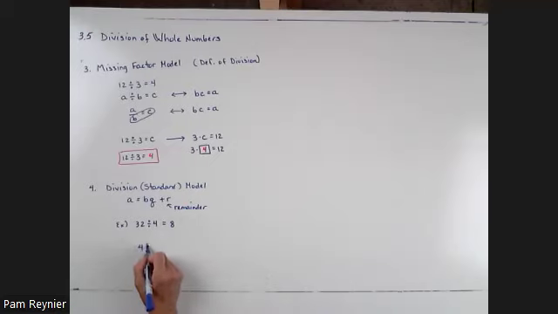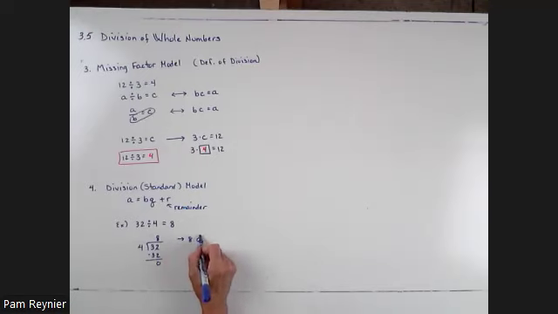If I write out the standard algorithm, 4 goes into 32 8 times. Remember, 8 times 4 is 32. We subtract, and notice we have no remainder. Okay, so 8 divides 32 with no remainder.